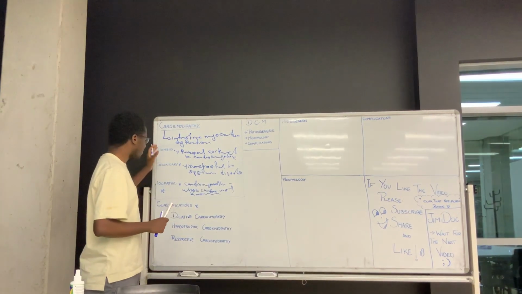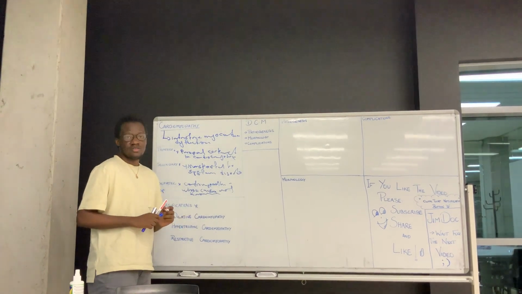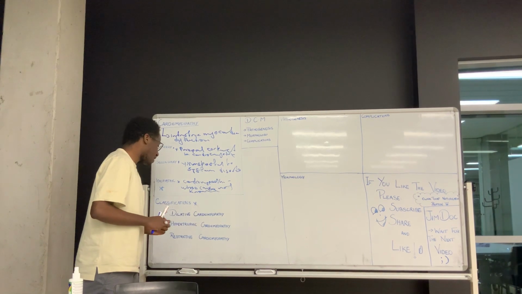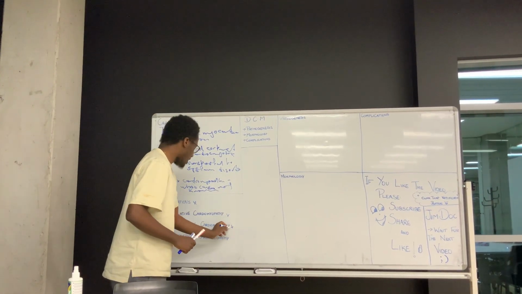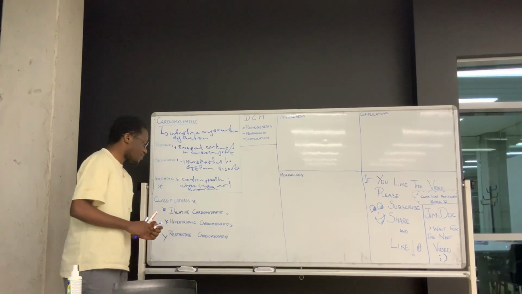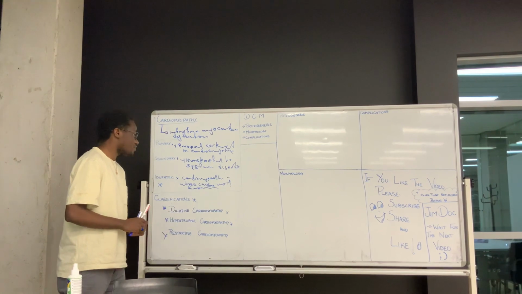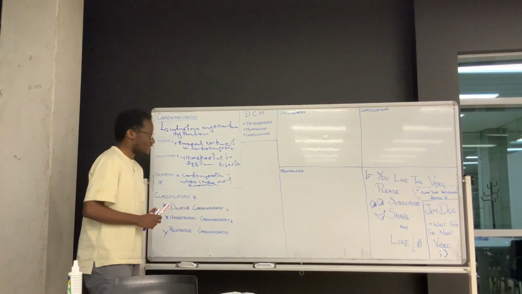According to the pathogenic patterns, we have dilated cardiomyopathies, hypertrophic cardiomyopathies, and restrictive cardiomyopathies. We shall talk about all these three individually and in detail, but let's first start with the dilated cardiomyopathies.